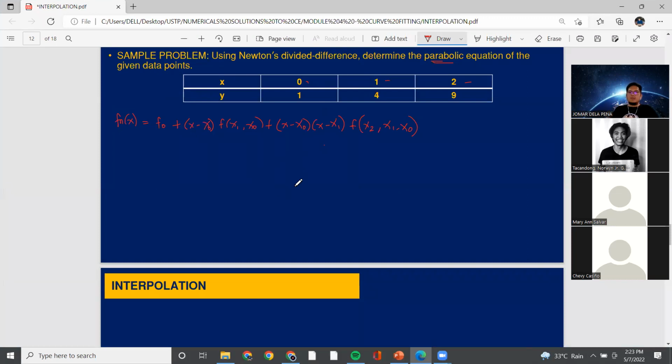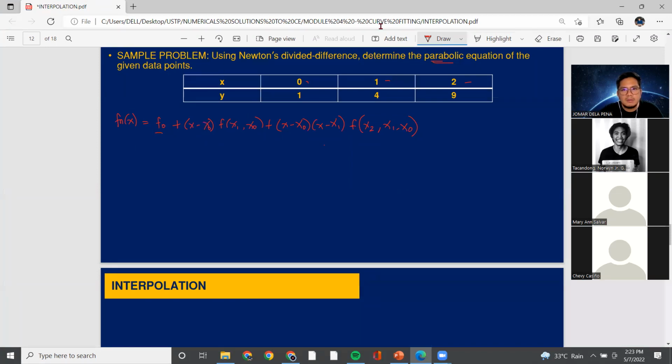Okay, so tayo ipangit sa problem, determine the quadratic equation or the parabolic equation of the given data points. So we have first is determine nato ni siyang mga function. We have the f sub o.